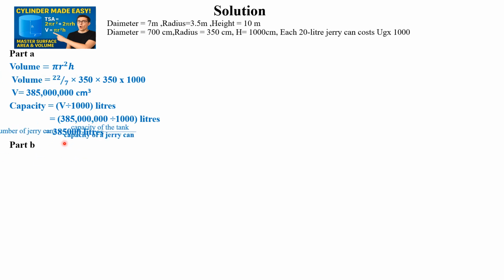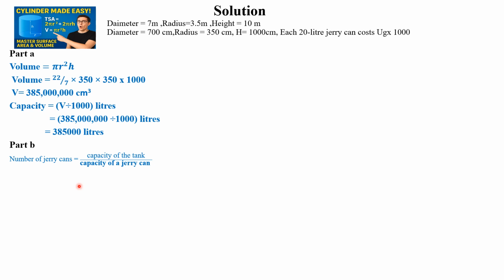Then part B was saying how much will they get after selling water from a full tank. But there is no way how you can find money that they will collect when you have not known the number of jerry cans got from that tank. Remember, we are saying they use 20-liter jerry cans to sell water.